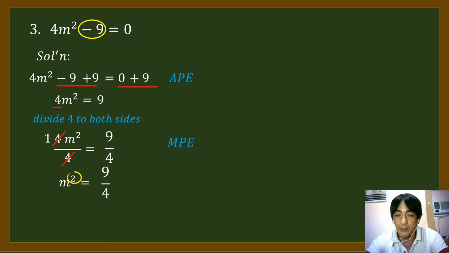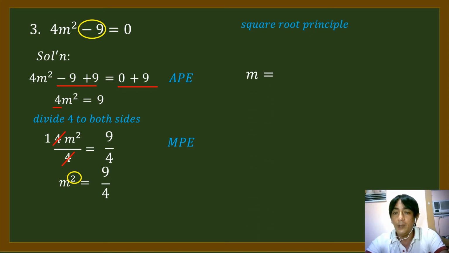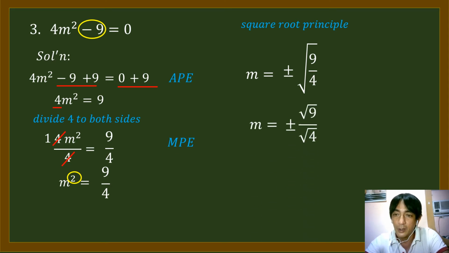So to remove the square on m, we apply the square root principle. Okay, so meron tayong m now is equal to the positive negative square root of 9/4. Okay, so 9 is a perfect square, likewise yung 4. So we can apply the quotient property of square roots. You can separate them into two radicals.